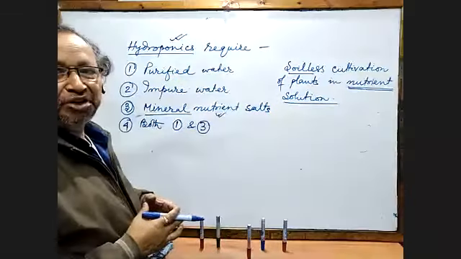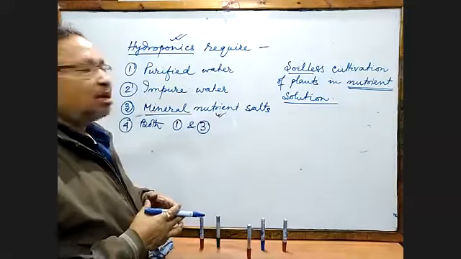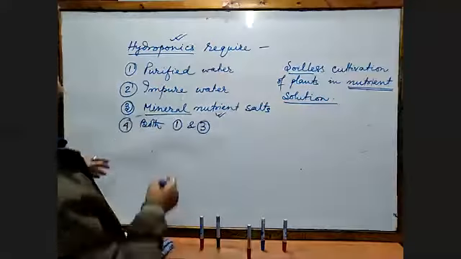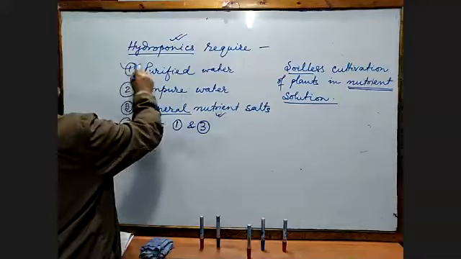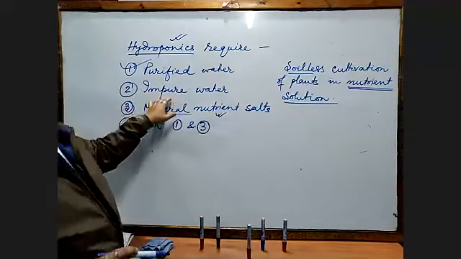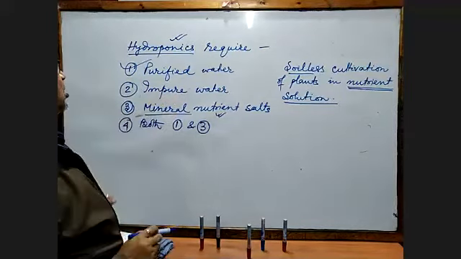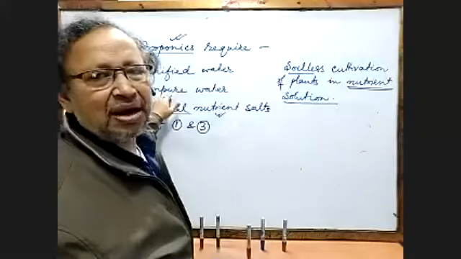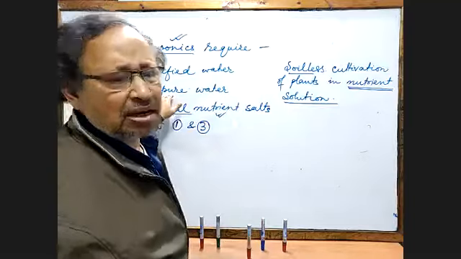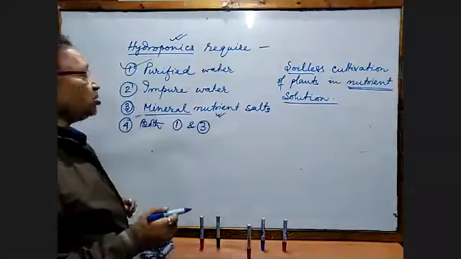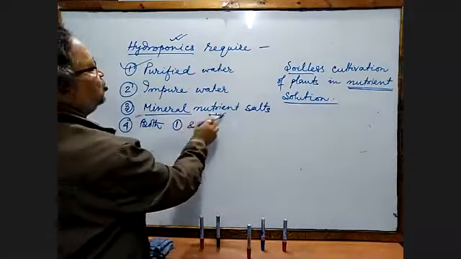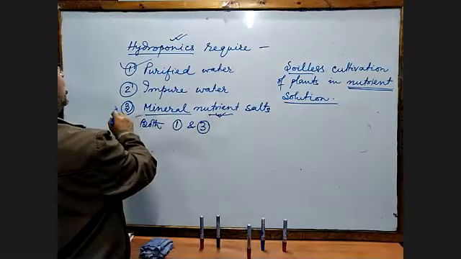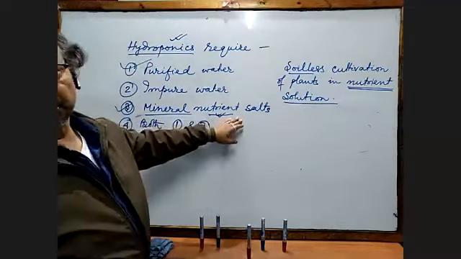of cultivation, always purified water is taken, not impure water. Because impure water contains many different elements and also many different things, so we don't allow that. And the most important one is the mineral salt.